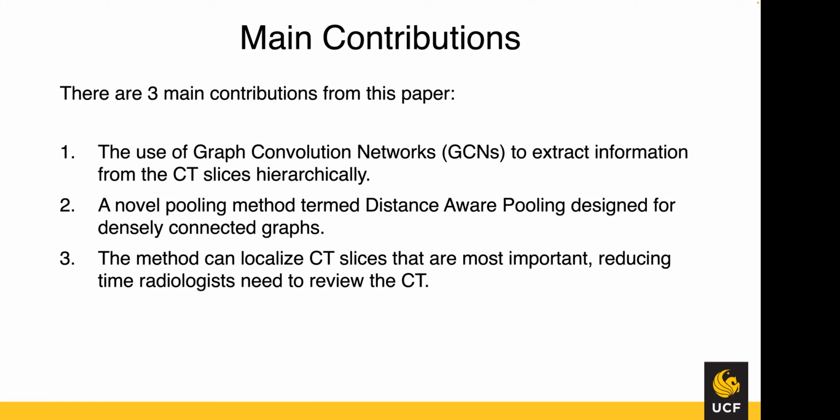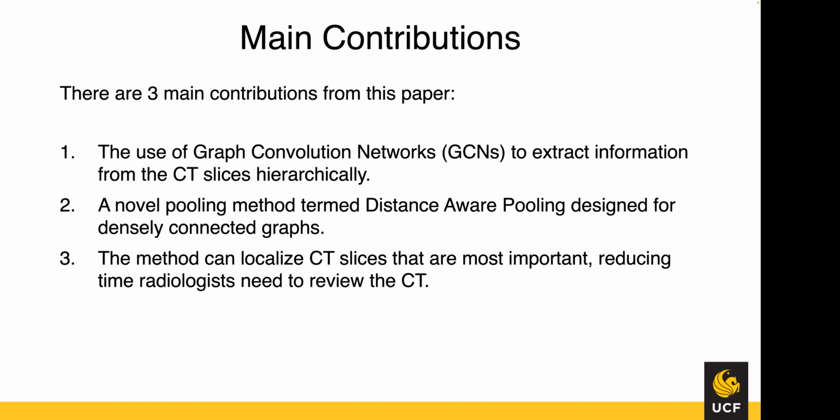So that's what they aim to solve in this first contribution. And the second is a new pooling method called distance-aware pooling. This was designed specifically for densely connected graphs, which is what they represent the CT image as.